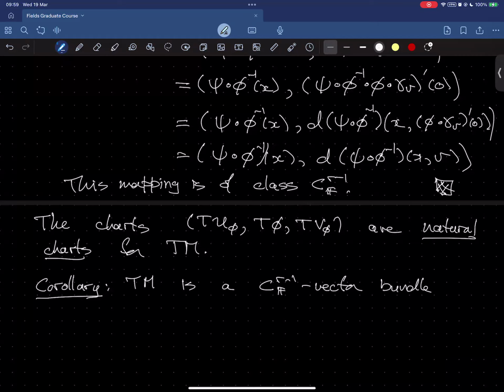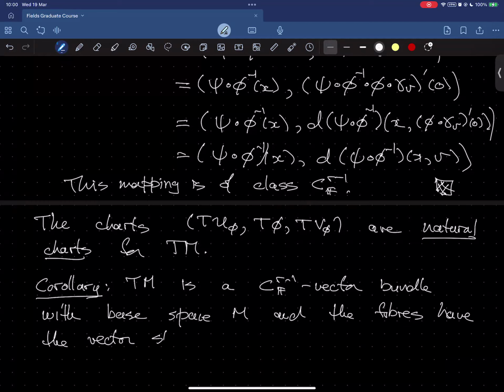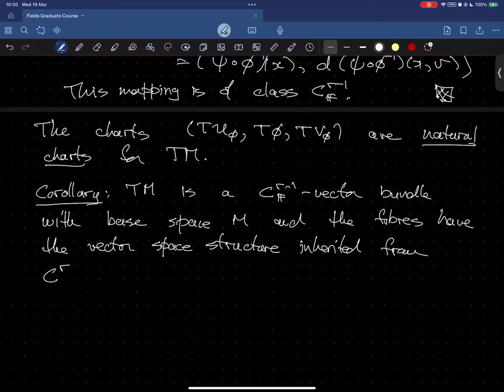Okay, so this is a vector bundle, and its base space is M, and the fibers have the vector space structure inherited from the set of derivations.